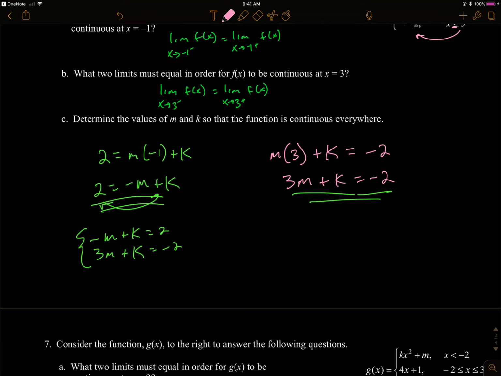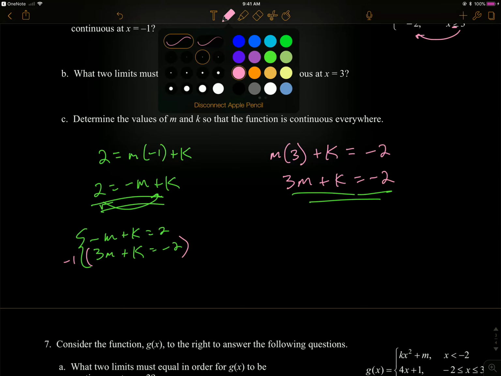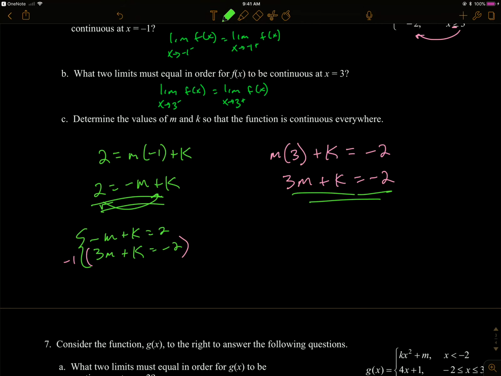So I'm going to multiply the bottom equation by a -1. So now I get -m plus k equals 2 and -3m minus k equals 2.